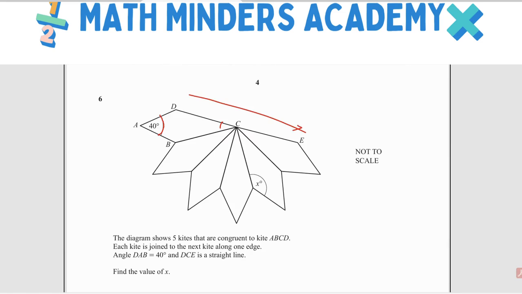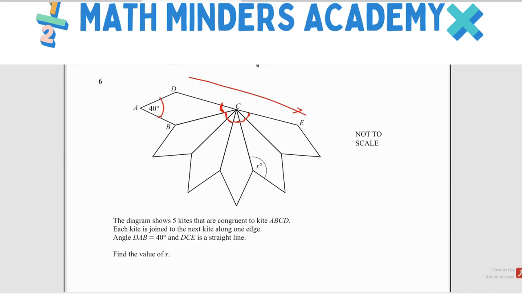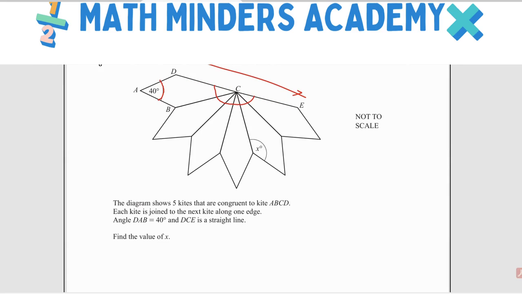So remember that all of them here have this angle. They share this, okay? This angle is 180. That's the sum of angles on a straight line. It's because this is a straight line DCE. DCE is a straight line, meaning that this angle, this angle, this angle, they are all equal because these are congruent shapes.